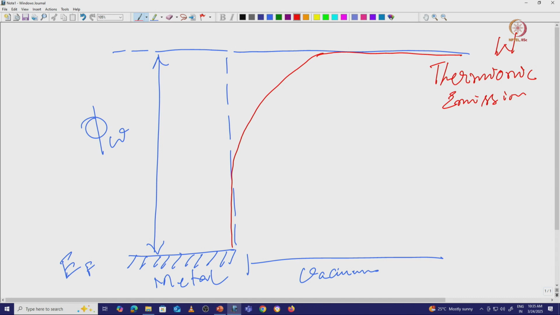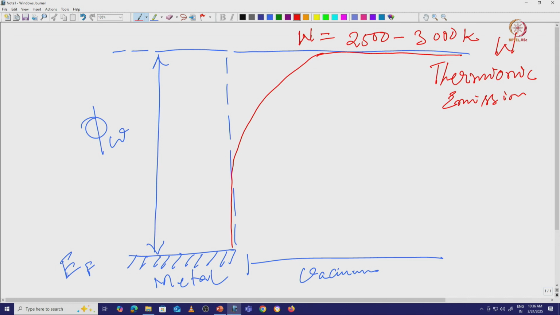Now, if I write the value for the tungsten filament, what heat energy is required? You can say that almost 2500 to 3000 Kelvin of heat energy is required to overcome the work function of the tungsten filament and extract the electron from the metal.